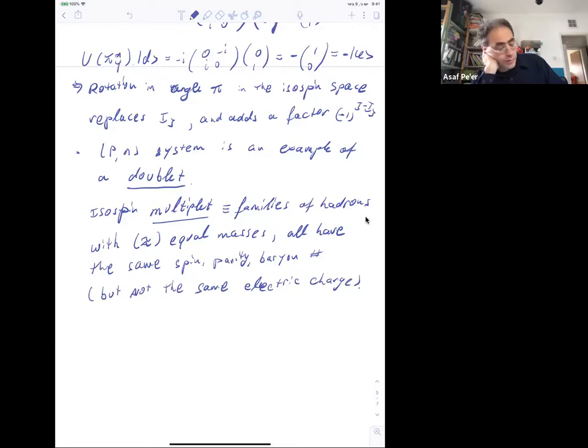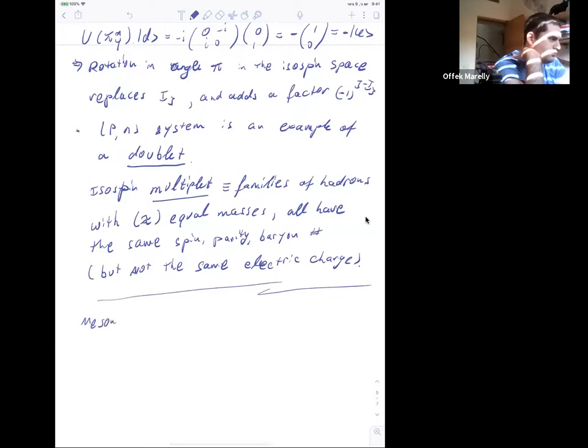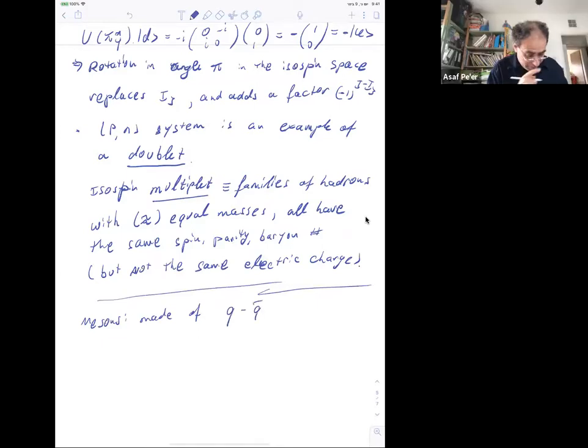Okay, now we want to study mesons. What are mesons made of? Do you remember? Quark, anti-quark. Very good. So if we want to describe mesons, we also have to define the isospin doublet for the anti-quarks, because we want to combine doublets and anti-doublets to construct the observed states of the hadrons.